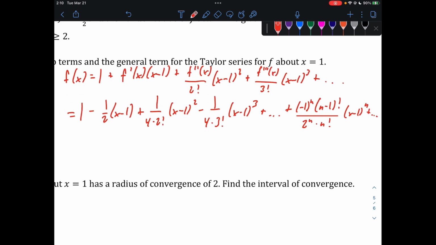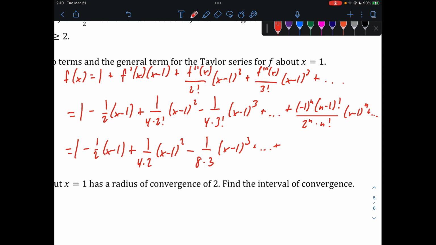Okay, now there's another way I can write this. This is a different route, and these two things are equivalent. If I wrote it like this, 1/4 times 2 times x minus 1 to the second, minus, now I can rewrite this as 1/8 times 3 times x minus 1 to the third, plus, now this pattern becomes negative 1 to the n, and that's just 1/2 to the n times x minus 1 to the n.